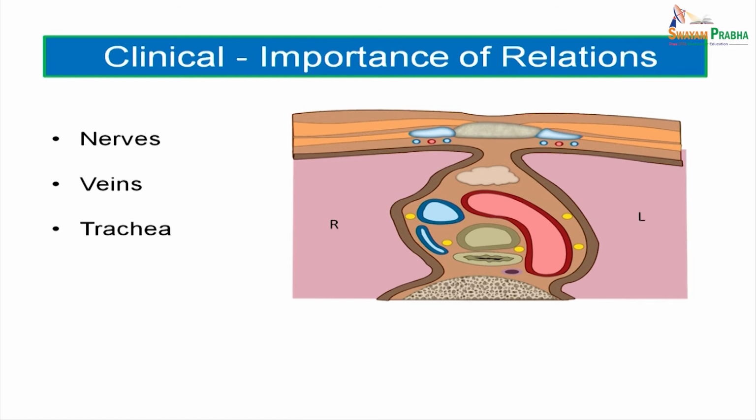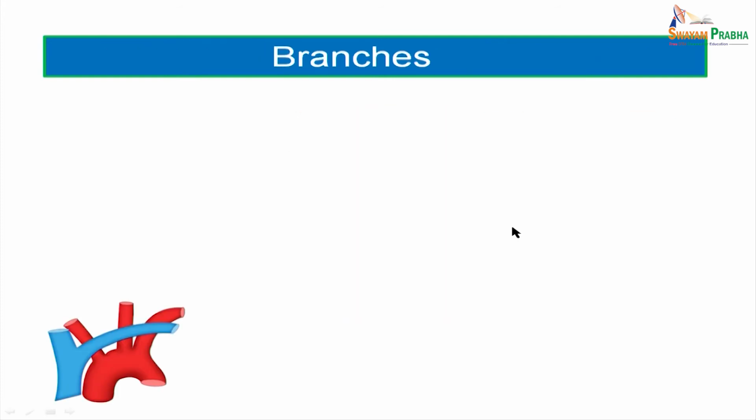If it compresses the trachea, it can result in dyspnea, and the esophagus, it can result in dysphagia. All these clinical symptoms due to compression of these structures tell us the importance of these relations to the arch of aorta. Next we will move on to the branches of the arch of aorta.